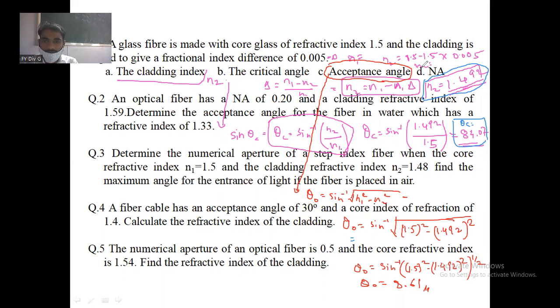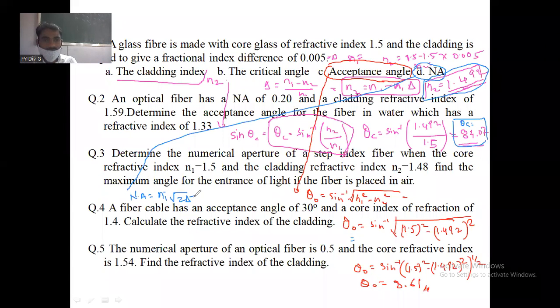Now we go to the final D. What is the D? D is the NA, that is the numerical aperture. What is the formula for the numerical aperture? NA is equal to N1 into square root of 2 delta. We have N1 and delta. You can put directly in this equation and you can calculate the numerical aperture.